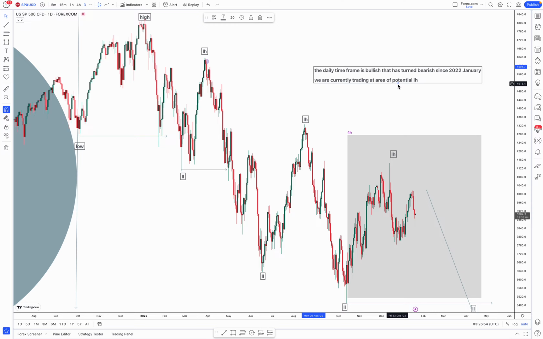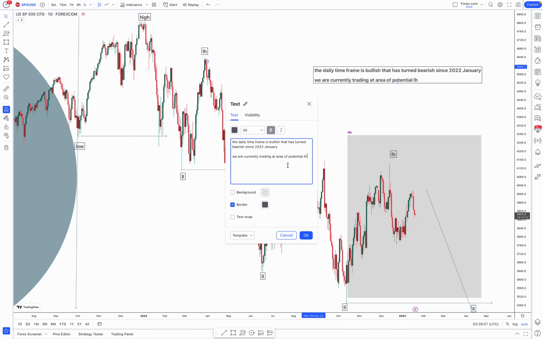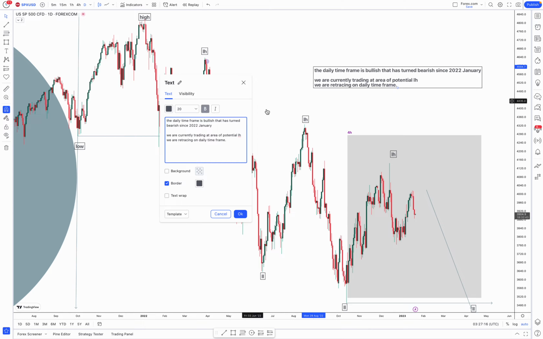And also the last point is we are retracing. The reason we're retracing is, unless the market goes beyond this lower high and creates a higher high, we have to stay with our bias of the market going lower.